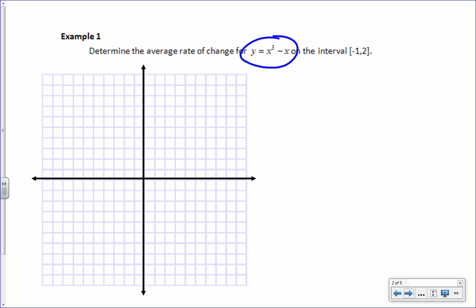If I put in -1, I get 0. If I put in 0, do you agree we would get 0? Right? 0, 0. Okay. And if we were to put in 2, I'm going to tell you it would be 6. All right?